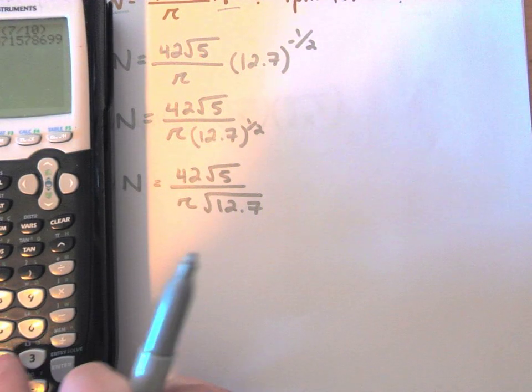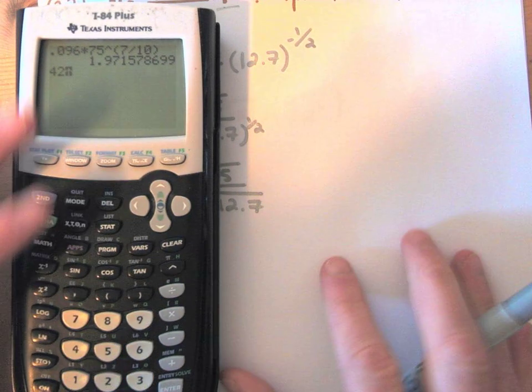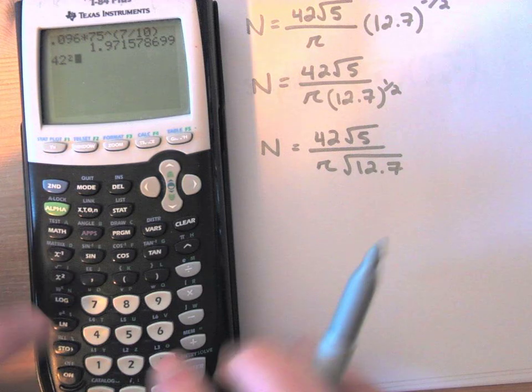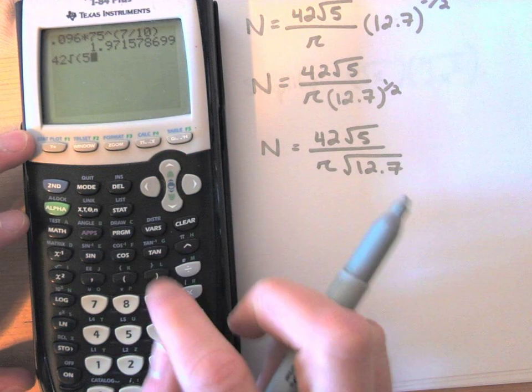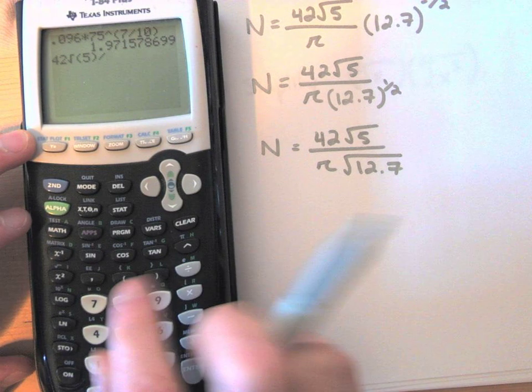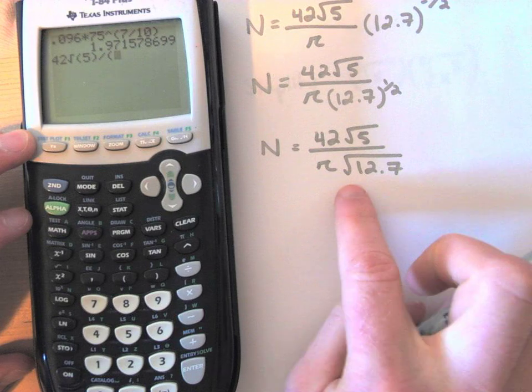So I'm going to go 42 square root of 5, not square, square root of 5. And I'm going to go divide, and then I'm going to put brackets saying I'm dividing by everything that's on the bottom here.